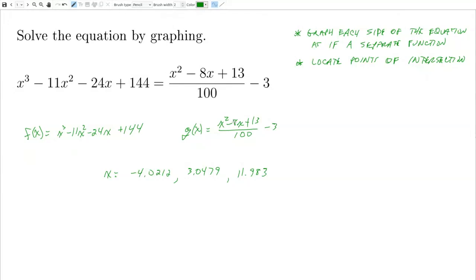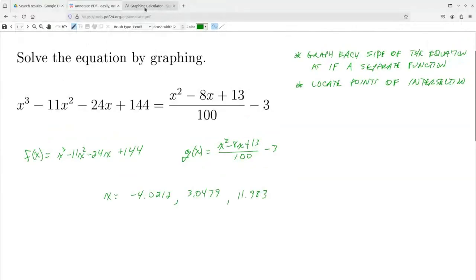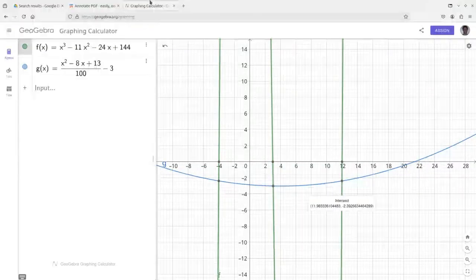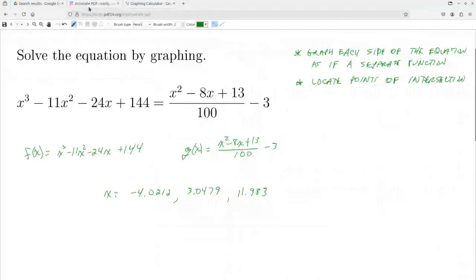Okay, so why does that work? Let's talk about that for just a minute. Because when we're looking at our graph, every point on the graph of f is an input-output pair, x, y, and so is every point on the blue graph of g. Every point that's graphed is an input-output pair. So when they cross, that says that the two functions have the same input-output pair.